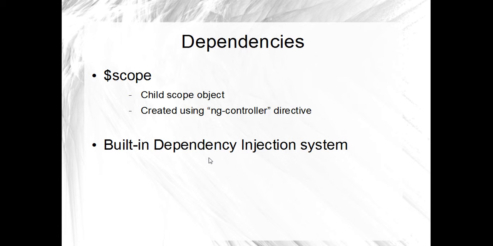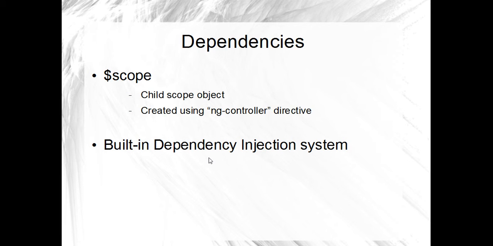Angular has a built-in dependency injection system. Dependency injection is a design pattern where dependencies are injected into a dependent object when it's created, and it becomes part of the client object's state. This separates the client and dependency logic and further decouples the client from the dependency.